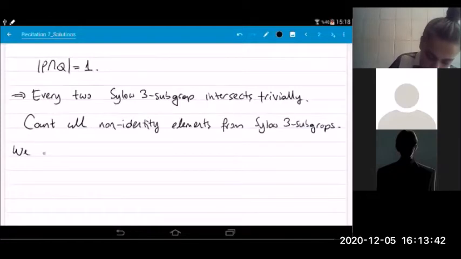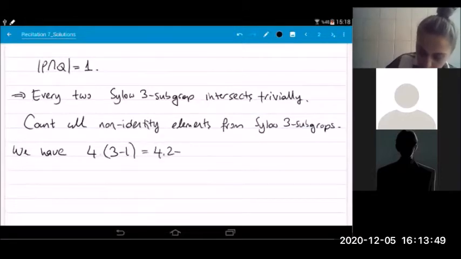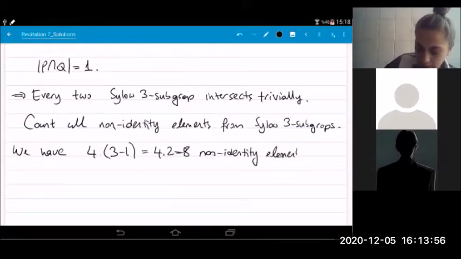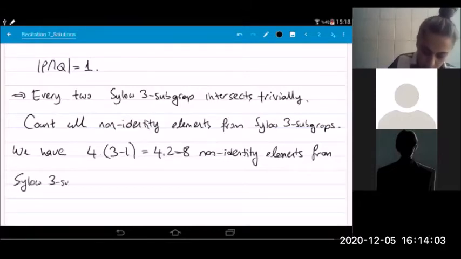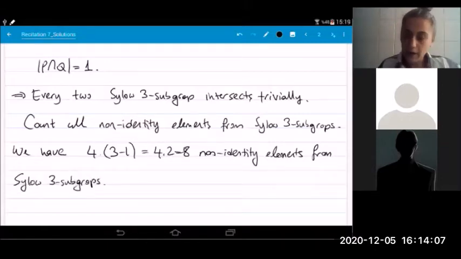We have 4 times 3 minus 1, which is equal to 4 times 2, 8 non-identity elements from Sylow 3 subgroups. Are you convinced about this? Then we have only 4 elements left.